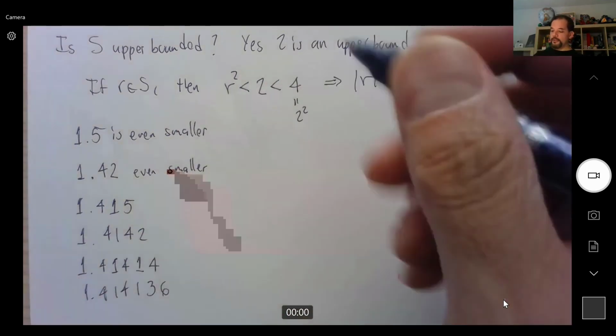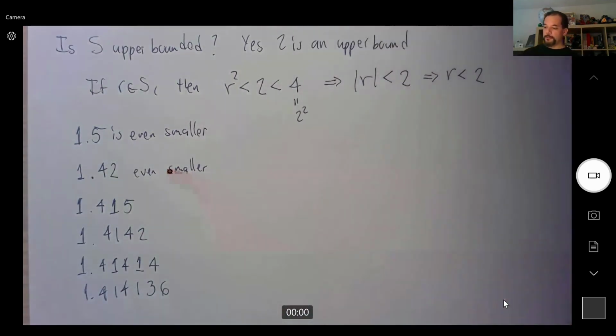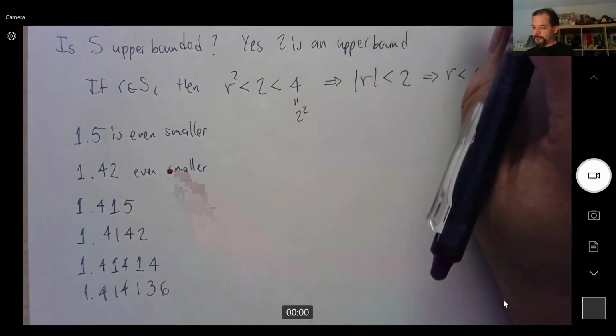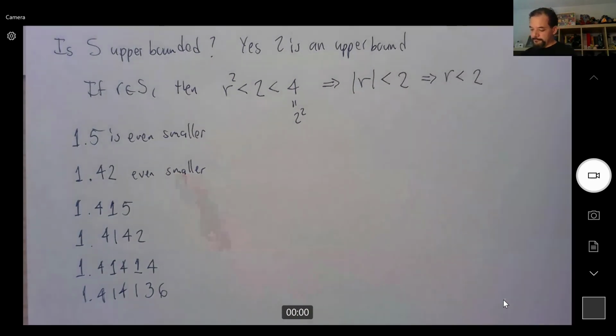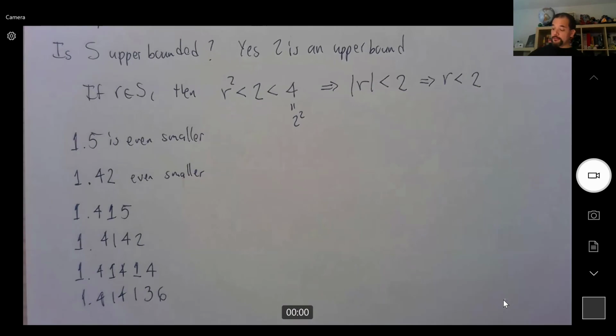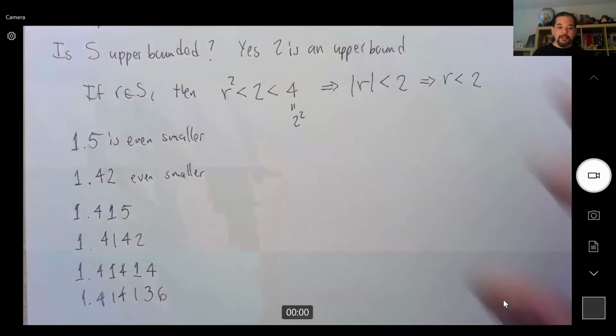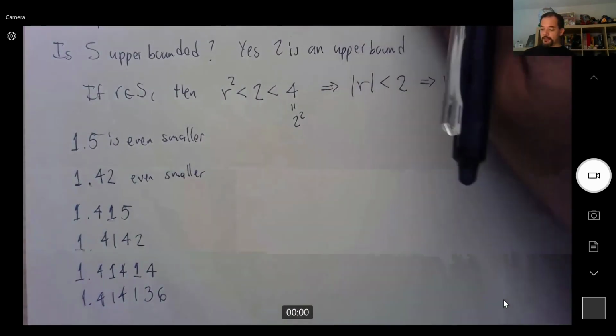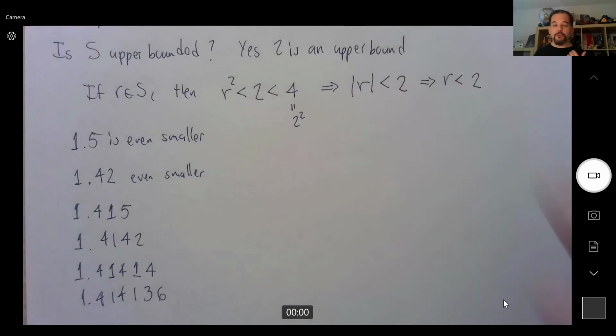If we were doing it over the real numbers, what would be the least upper bound? It would be the square root of 2, right? And that's why this one does not work here, because we already know that the square root of 2 is not a rational number. However, I can get as close as I want.